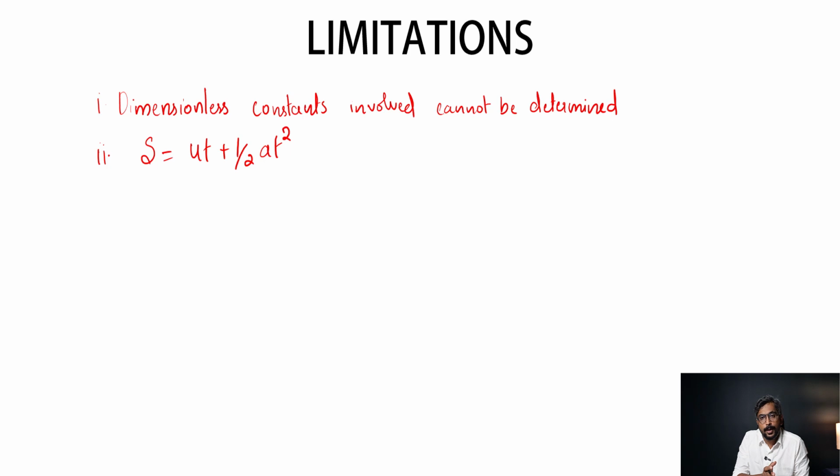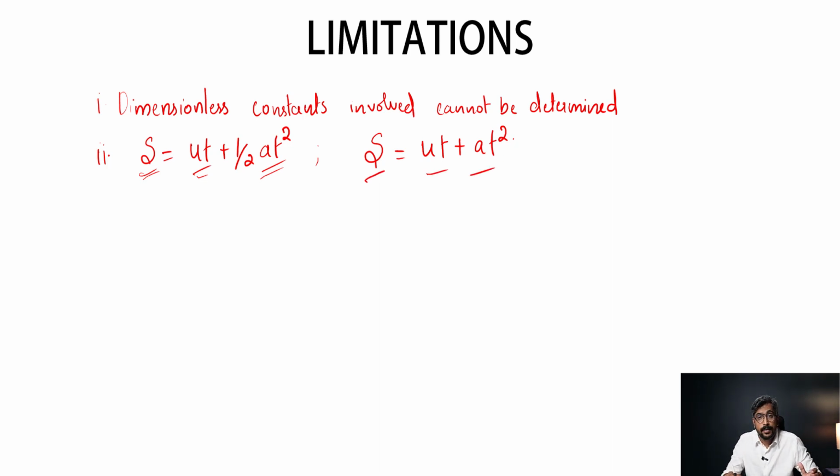If you are correcting the equation using dimension analysis, you will get the correct value, because S, ut and at square have the same dimension. Now if I neglect that half and write ut plus at square, here also you get the correct dimensions for all three terms.